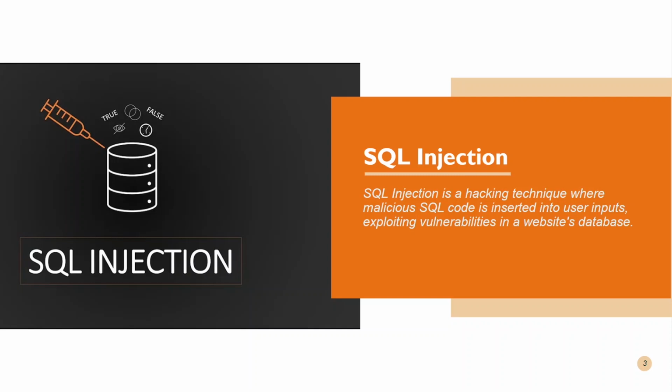Now that we understand what SQL means, let's talk about the vulnerability that is associated with SQL. And that will be SQL injection, which is a hacking technique where malicious SQL code is inserted into user input, exploiting vulnerabilities in a website's database.